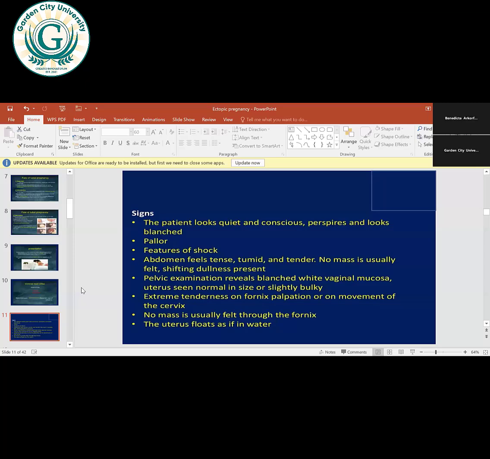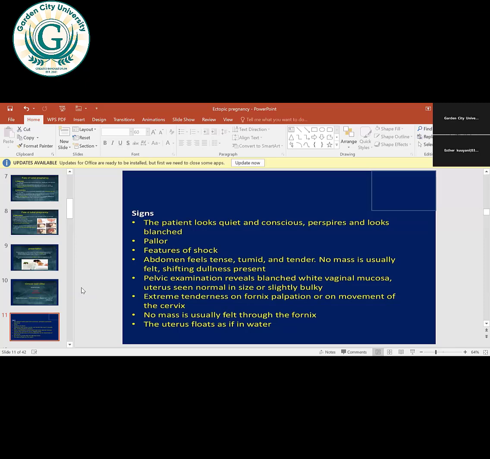Signs. The patient looks quiet and conscious, perspires and looks bleached. Pallor. Features of shock. Abdomen feels tense, tumid, and tender. No mass is usually felt. Shifting dullness present. Pelvic examination reveals bleached white vaginal mucosa. Uterus seen normal in size or slightly bulky.